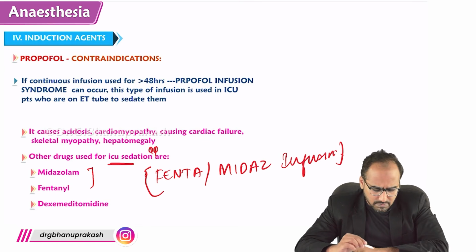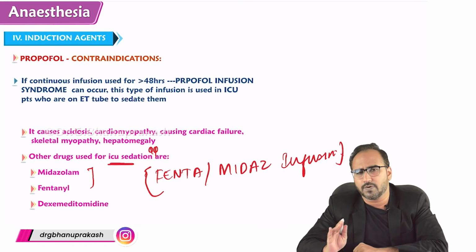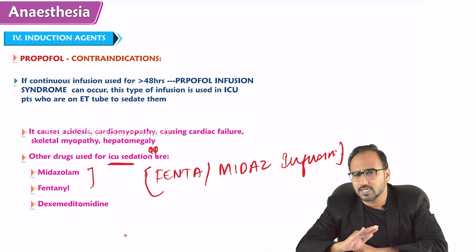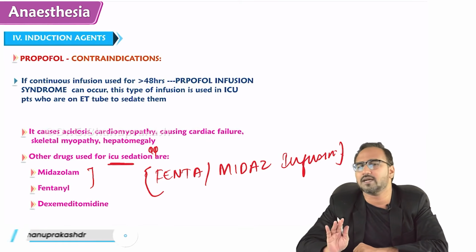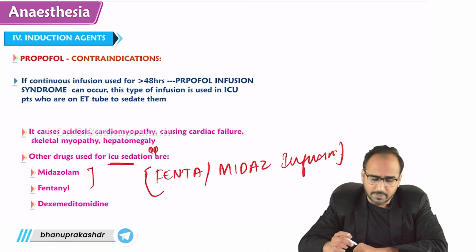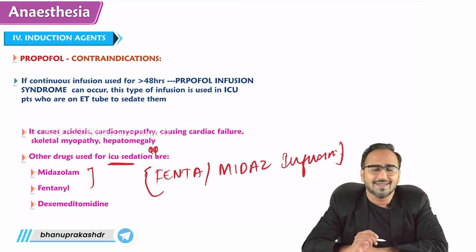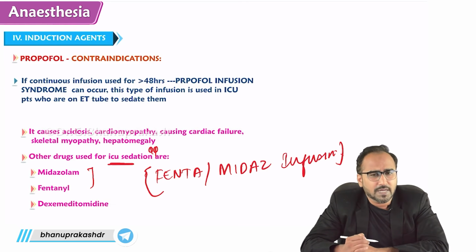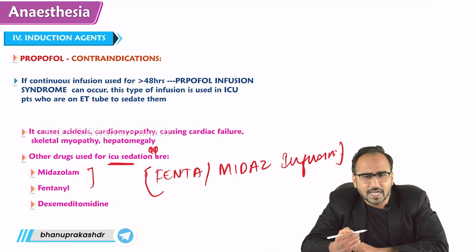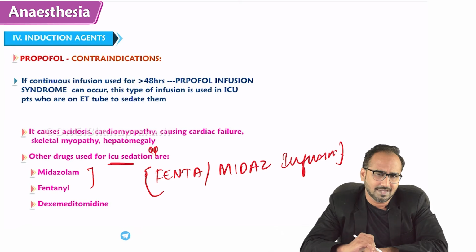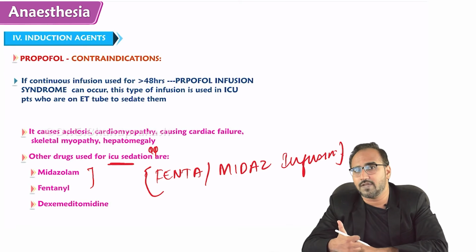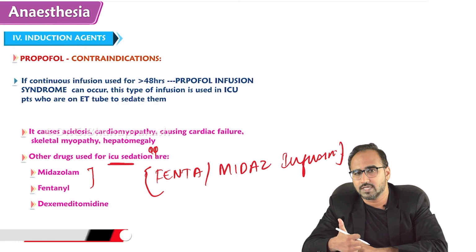Coming to the most important points of propofol, without which you haven't discussed anything about propofol. Tell me the conditions where propofol is used as the IV induction agent of choice. In day case surgery, it is the IV induction agent of choice. Why?